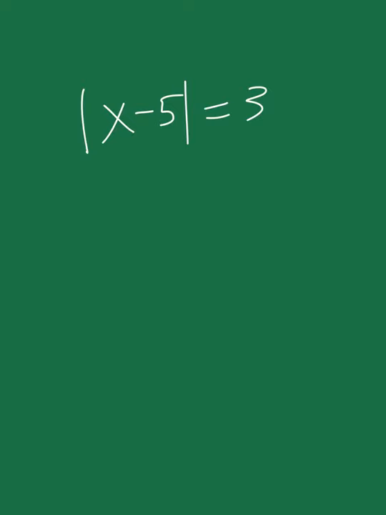What's important to know about absolute value equations is that most of them have two answers. So what I like to do is I write down the problem, and then I'll draw a couple of lines that look like this. And those lines represent the two cases.